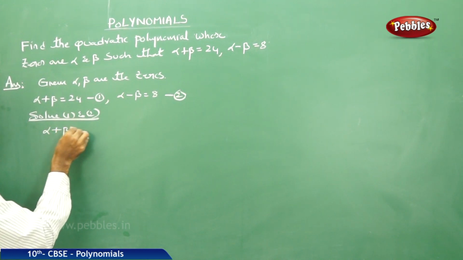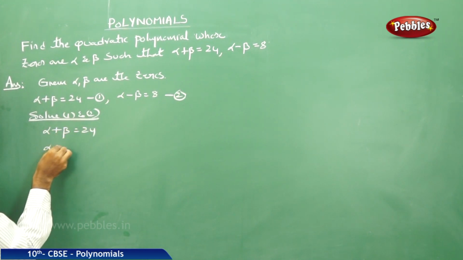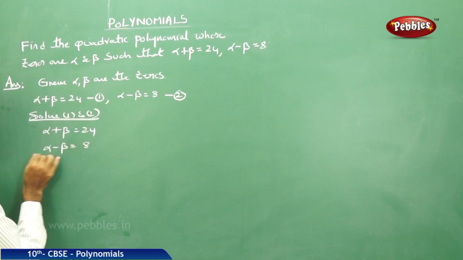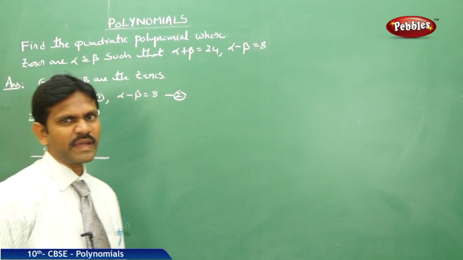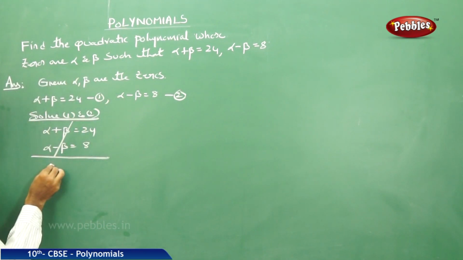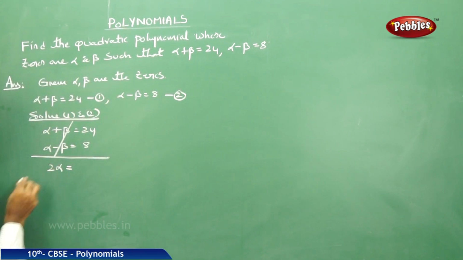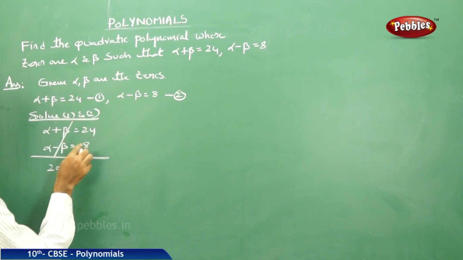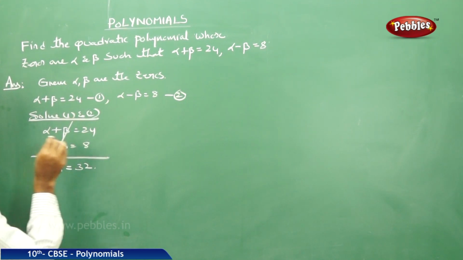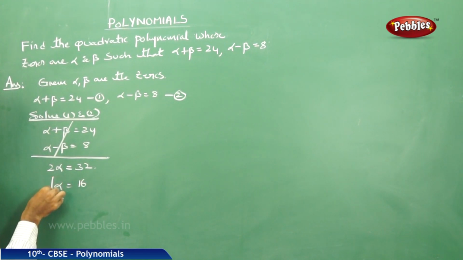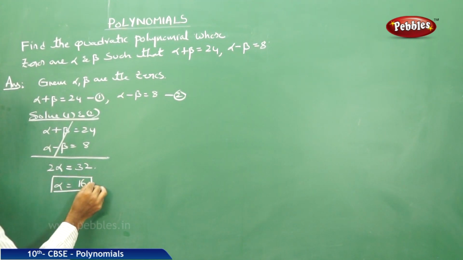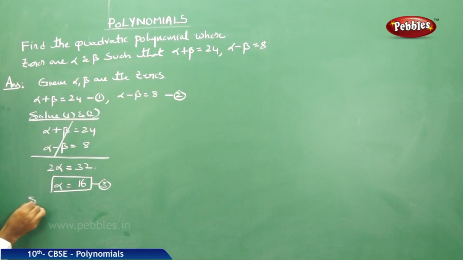Alpha plus beta is equal to 24, alpha minus beta is equal to 8. By the process of addition, plus beta and minus beta get cancelled. The left part is 2 alpha is equal to 24 plus 8, 32. That is alpha is equal to 16. This is equation 3.